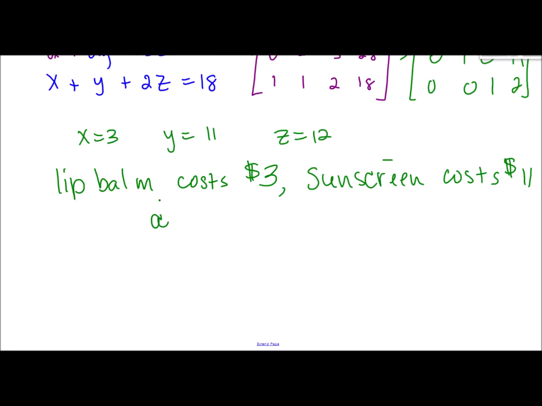And water, bottle of water, cost $2. All right, 3, 11, 2.